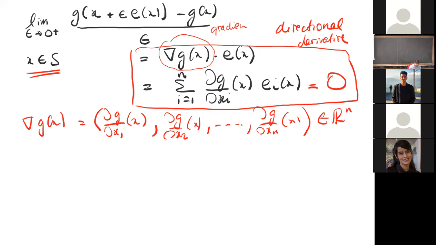And here, this dot is the scalar product between this tangent vector and this gradient. Okay.